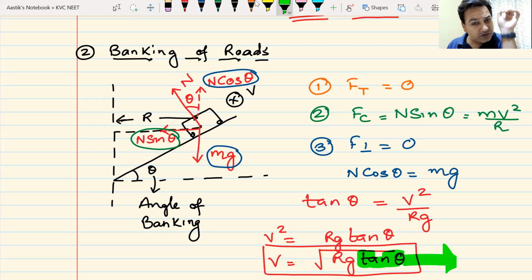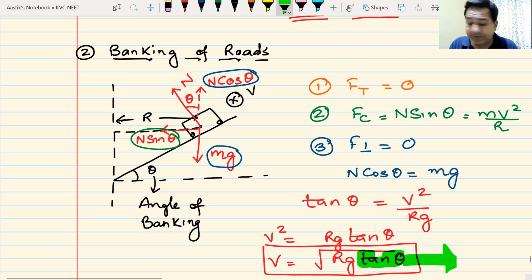The previous answer that we got was root over mu s r g. This answer that we have achieved is root over rg tan theta.